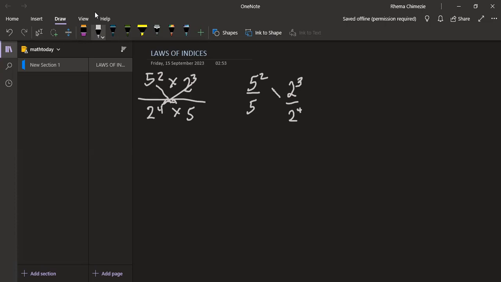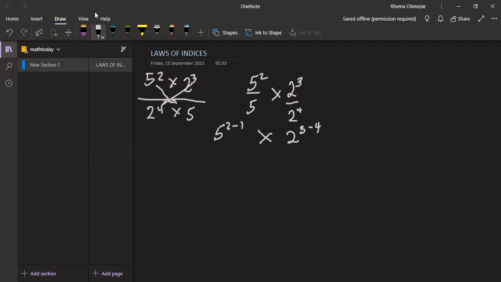Just for simplicity's sake, let me add this so that we don't get confused. The first thing we have to do is deal with the one that had division. That will give us 5 raised to power 2 minus 1, based on the laws of indices. Then we multiply, and we do the same thing to the other one: 2 raised to power 3 minus 4.